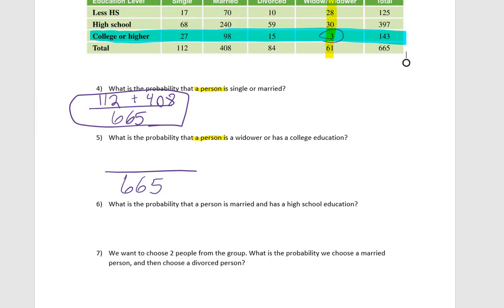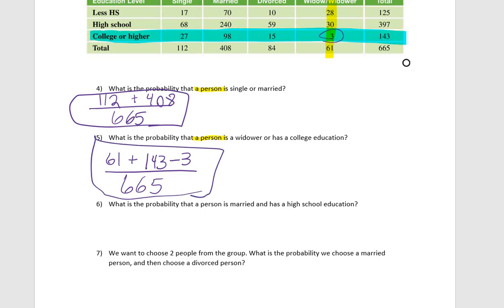The answer is yes. I counted these three people twice. When I counted all 61 widowers and all 143 college or higher educated people, I counted those three people twice, so I need to subtract one of those counts.